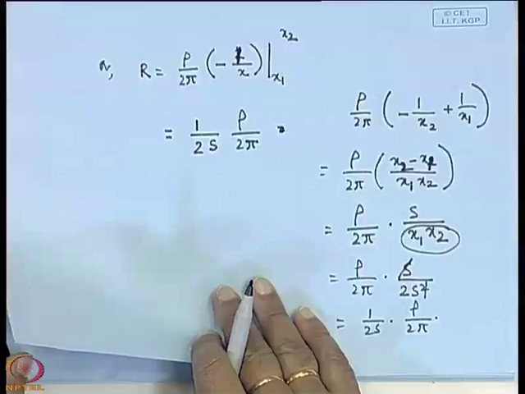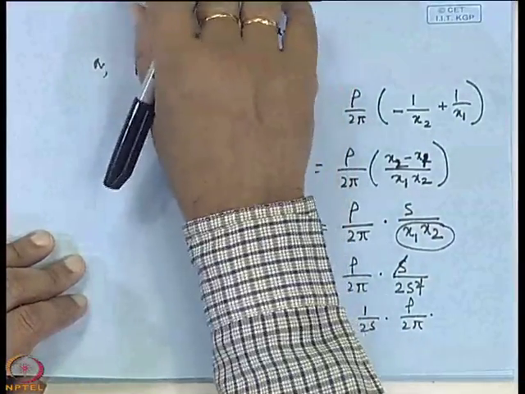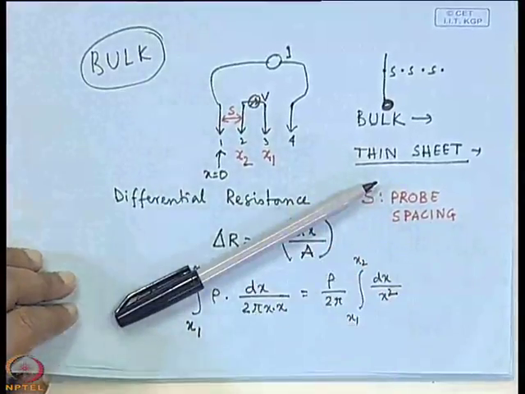Could you just give the reason once again for that? Which one? Area. Yes, area is basically, here we are considering the bulk. When you consider a bulk material, you can assume that the current is coming out from the inner to the outer side. Why? Because the contact is on the surface.